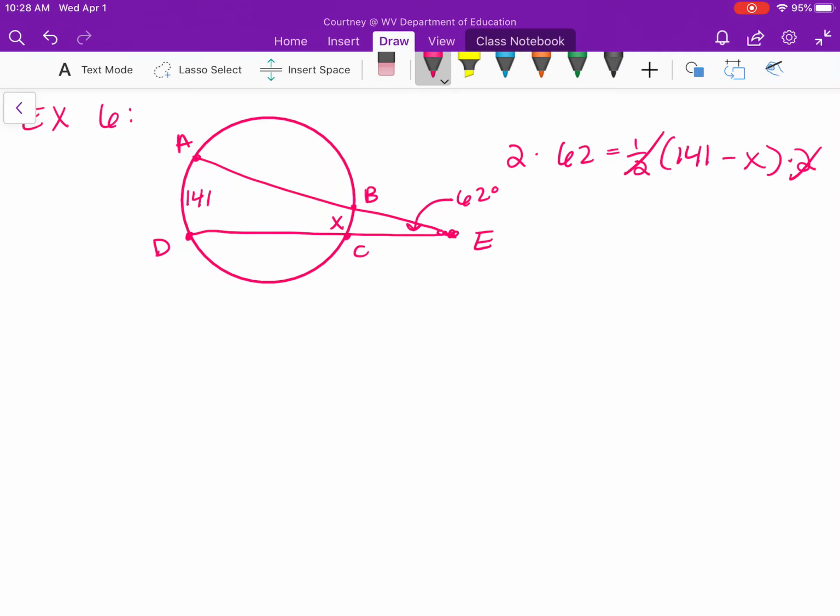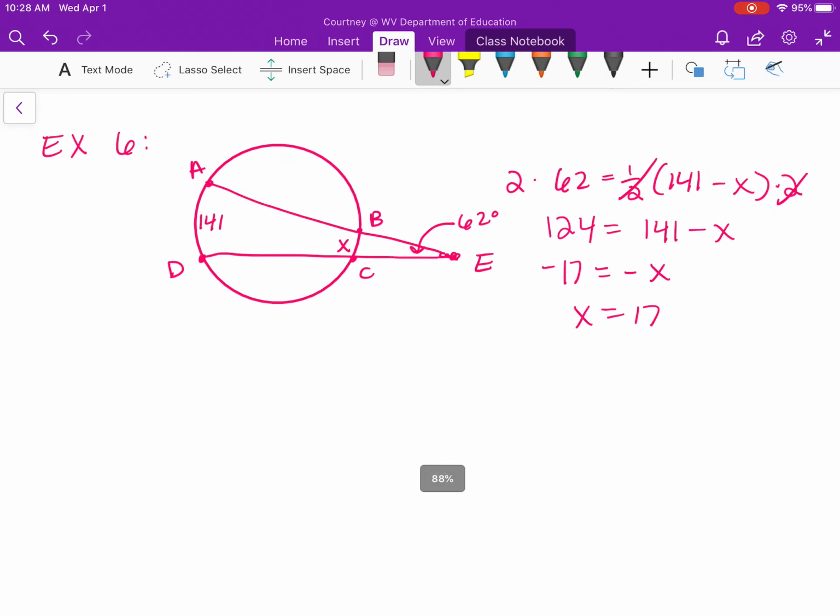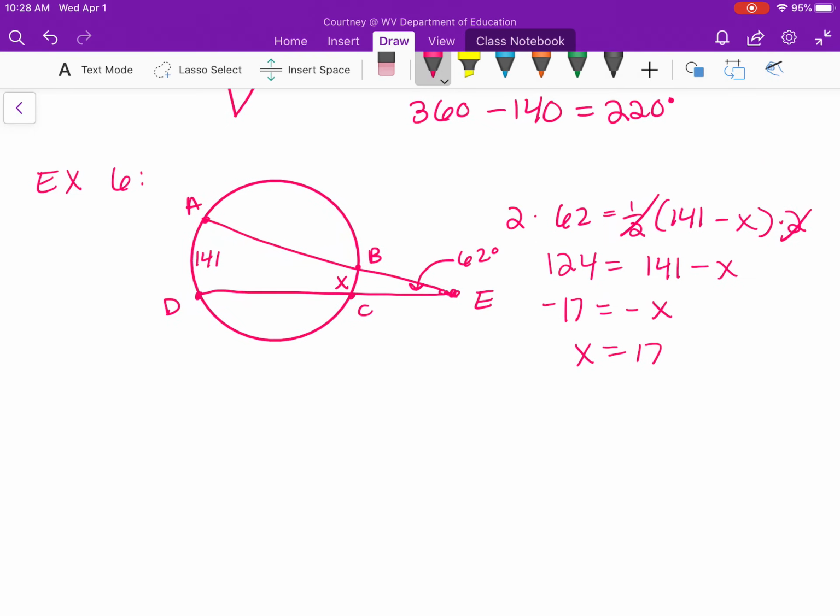It's gone. 2 times 62 is 124. We just have 141 minus X. If we subtract 141, we have negative 17 equals negative X. Okay, divide by negative 1 on both sides, and X equals positive 17.